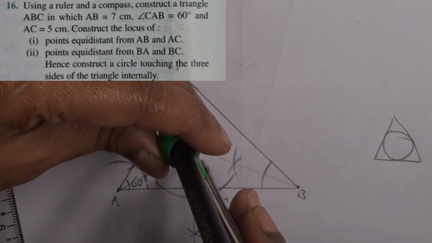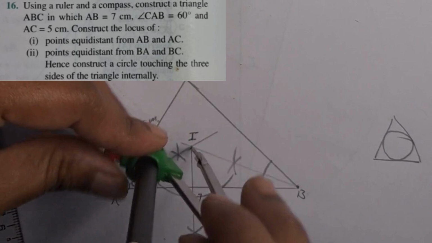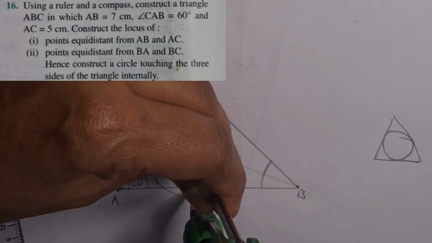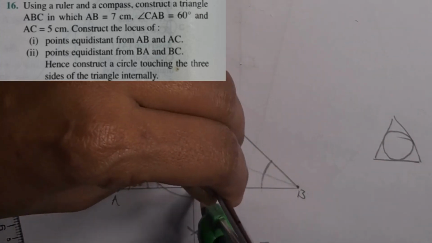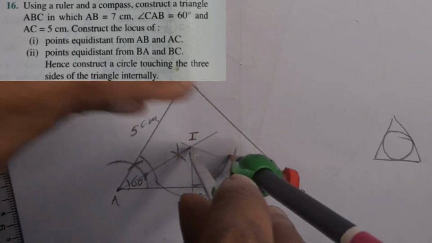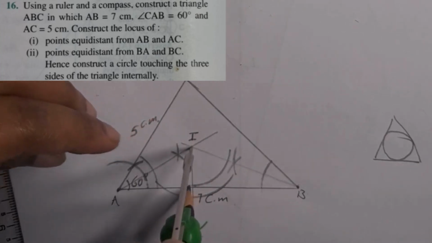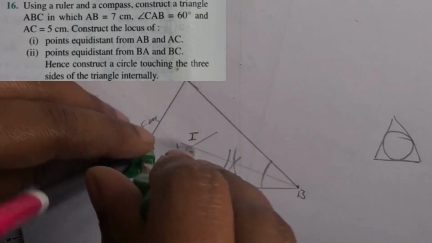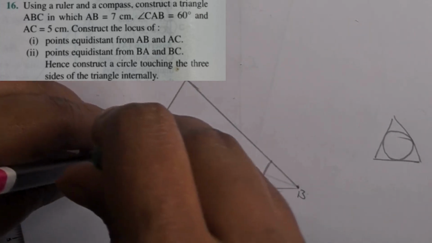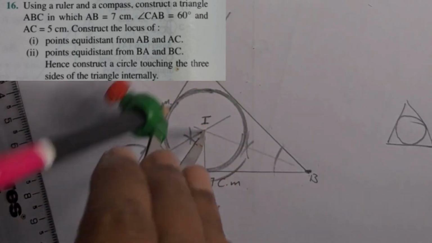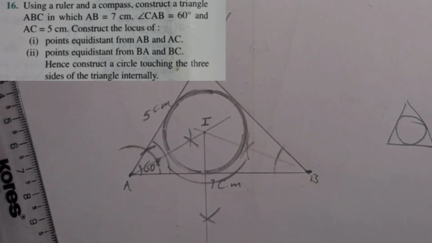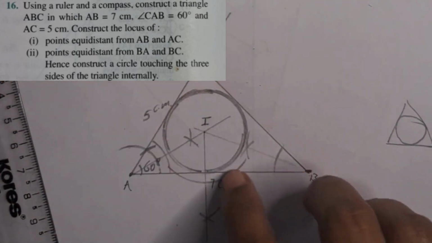Now from I, this is the radius. We have to construct the circle. This is inside. The circle is touching internally.